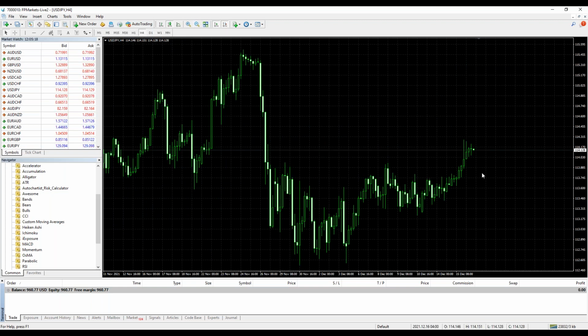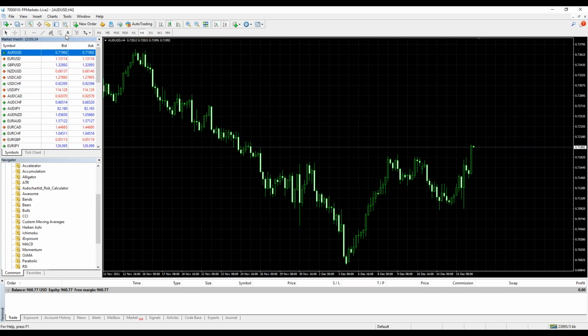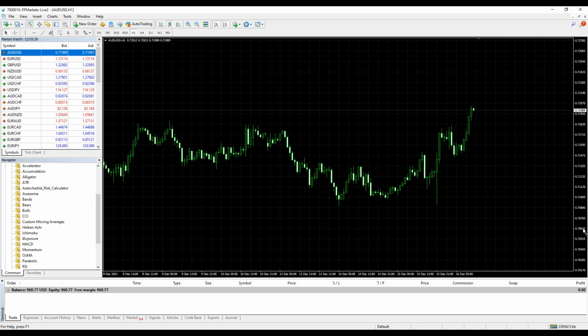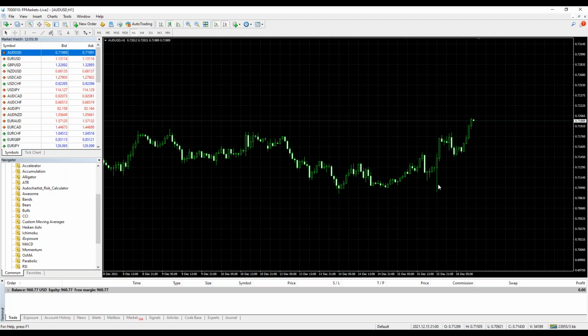All right. So let's just have a look at a couple of currencies. Let's look at AUD. Hourly chart. Wow, it's run up a lot. Okay, so let's just take a couple of trades.